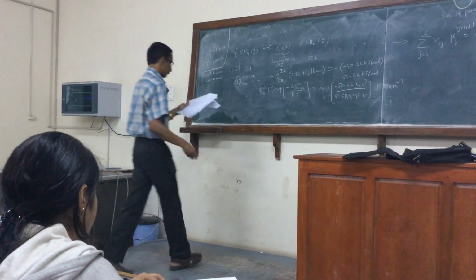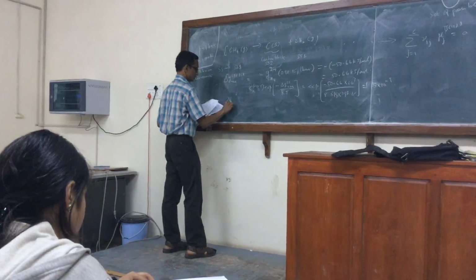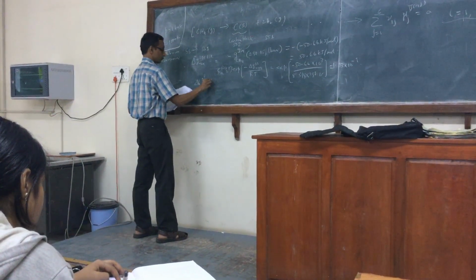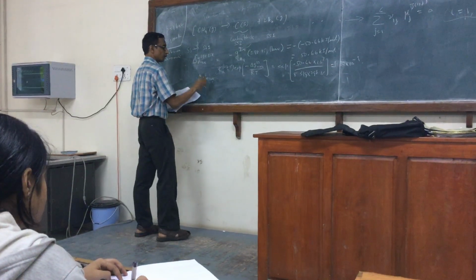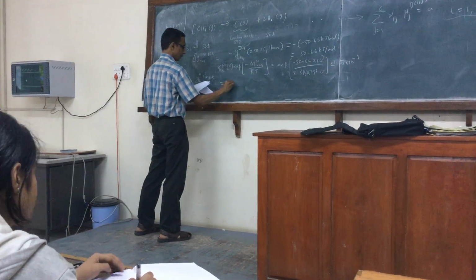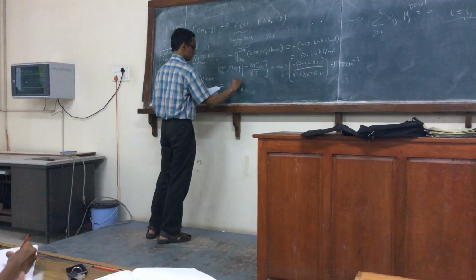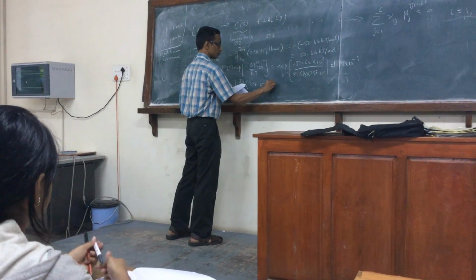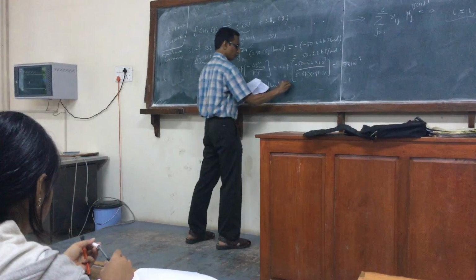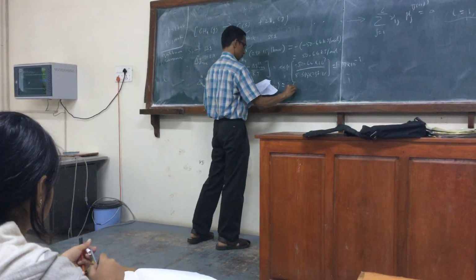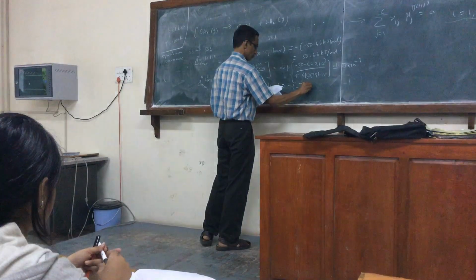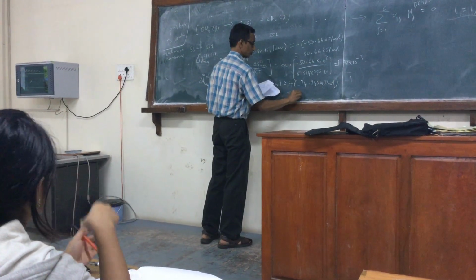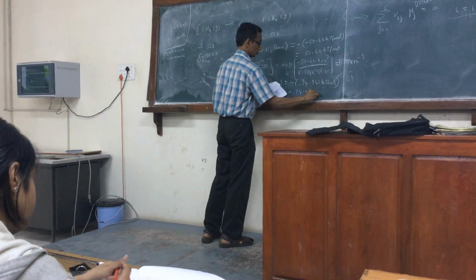Now, if you calculate delta H reaction with these choices of standard state, it is turning out to be again minus H of CH4 ideal gas at 298.15 K and 1 bar, and that turns out to be 74.943 kilojoules per mole.